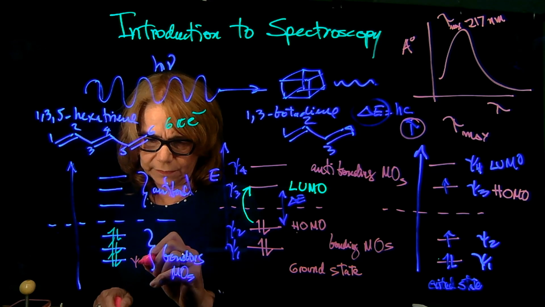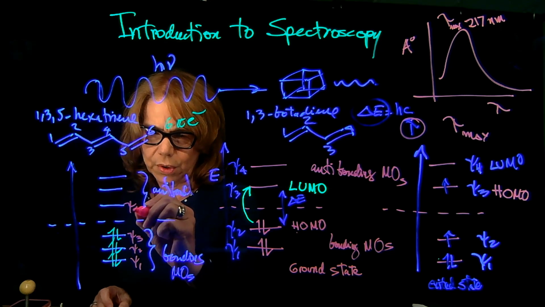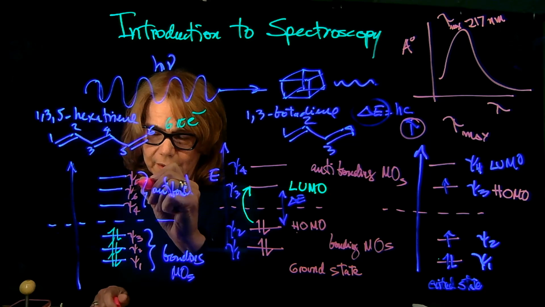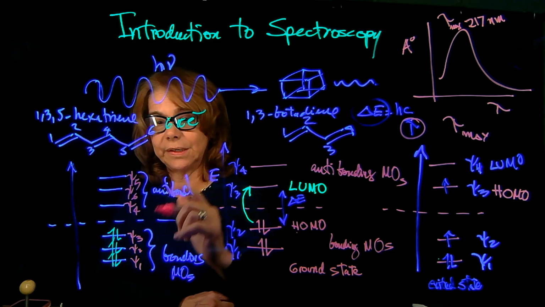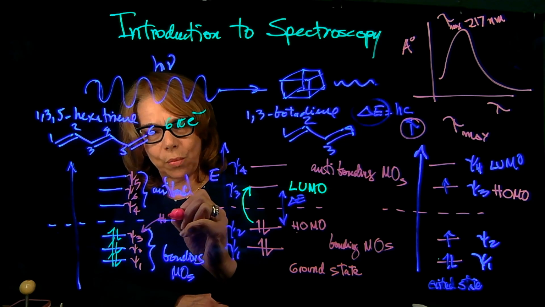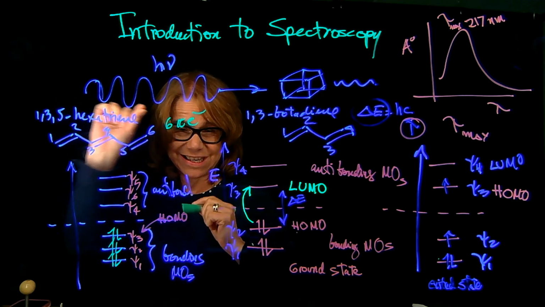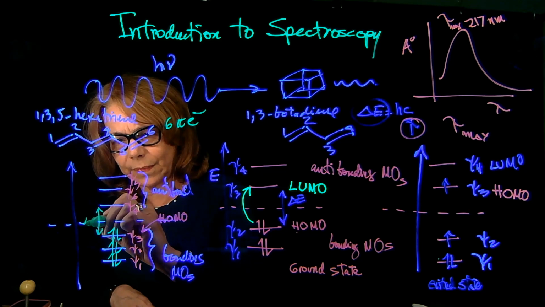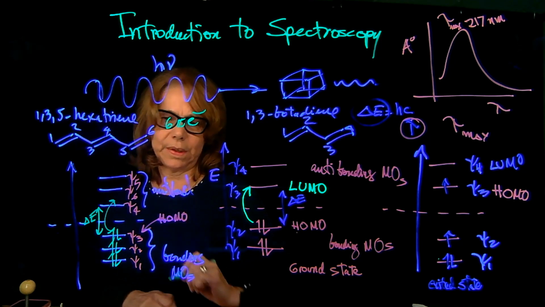If I label these phi 1, phi 2, phi 3, and then phi 4, 5, and 6, these are my molecular orbitals. Well, this is the ground state of hexatriene. In the excited state, 1 electron from the HOMO will jump up if I give just the exact amount of energy for this gap, delta E. So one of these electrons is going to jump up in the excited state.